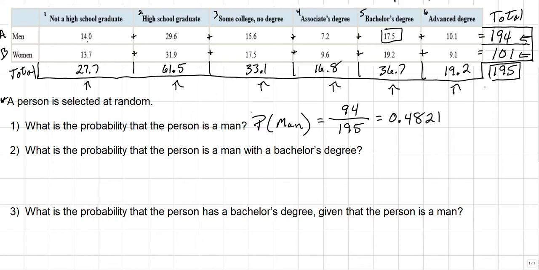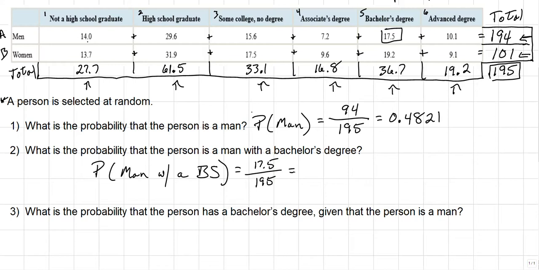So we can write this as the probability that we choose a man with a bachelor's degree, BS, which will be equal to 17.5 divided by 195.